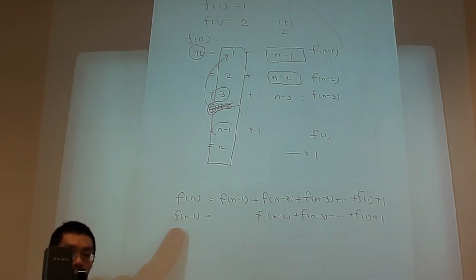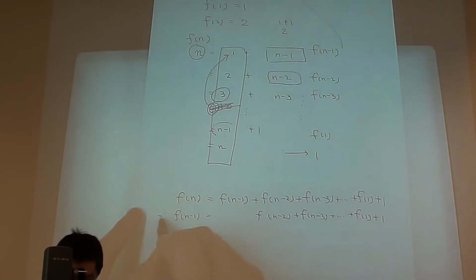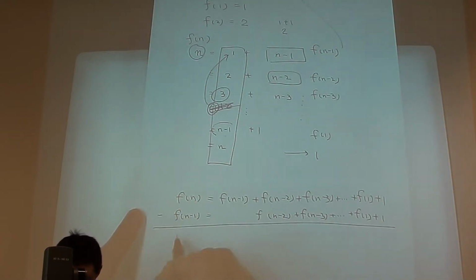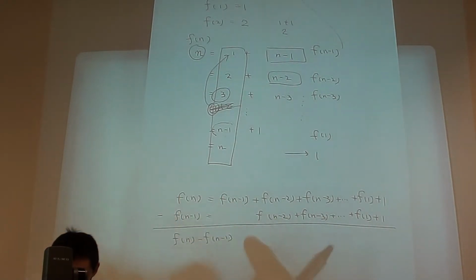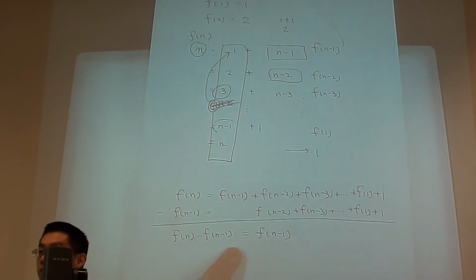Does everybody see that? So I subtract the first one and the second one. The left side is this. The right side has only one term left. Everything else gets cancelled.